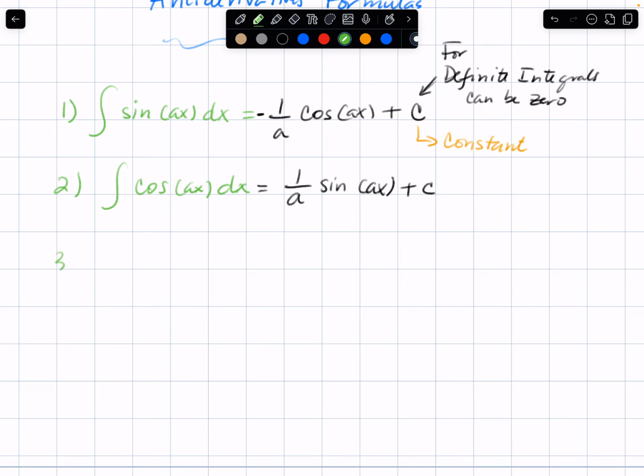All right. And then we can move on to maybe tangent, the integral of tangent of ax dx. So the integral of tangent would be natural log of secant of x plus c.